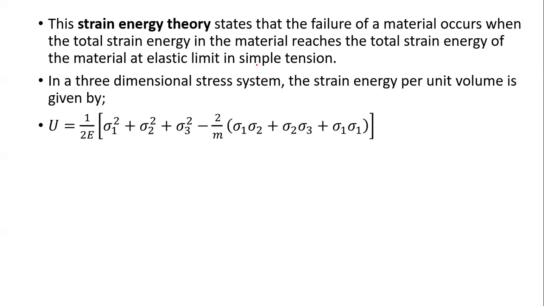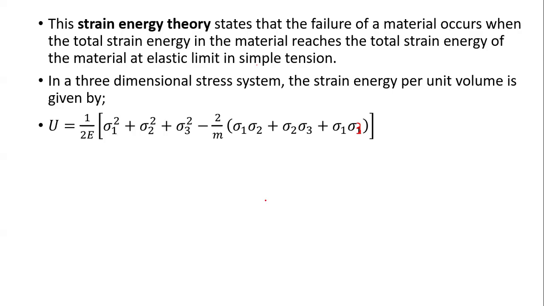Then inside the brackets, you have stress 1 squared plus stress 2 squared plus the third stress squared minus 2 over m, then in the brackets, you have stress 1 stress 2, stress 2 stress 3, and this one should be stress 1 stress 3. I think this was just a typo error. Stress 1, stress 3. So this combination is what we get for a three-dimensional stress system.